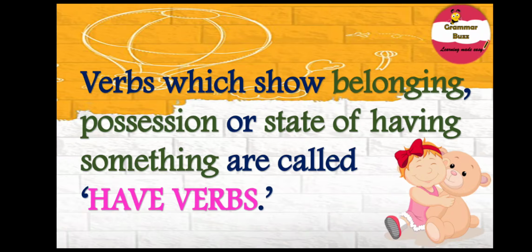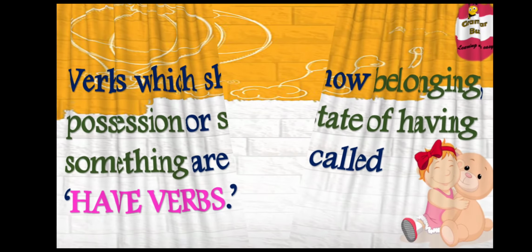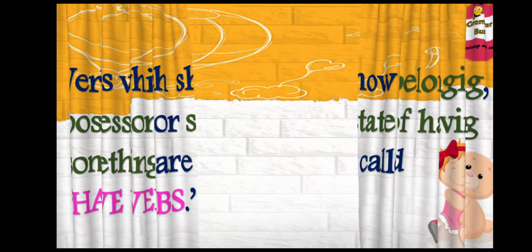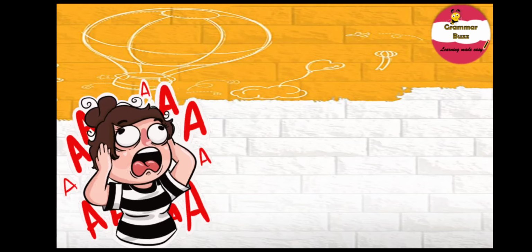But did you know verbs can do that too? Well, there are very few verbs which do the same job of showing belonging or possession, and they are known as have verbs or possessive verbs. Right? Isn't that simple?